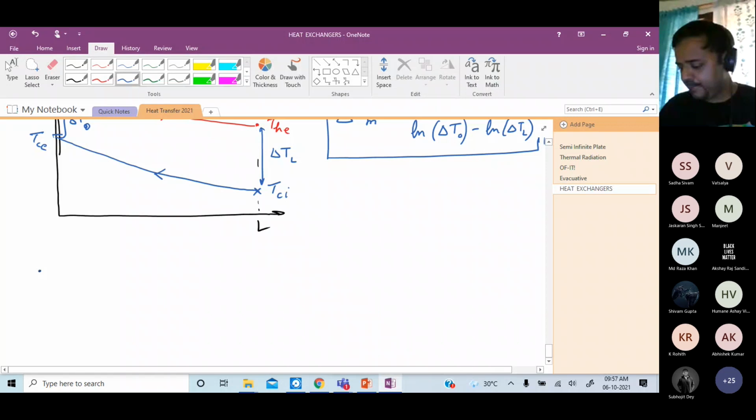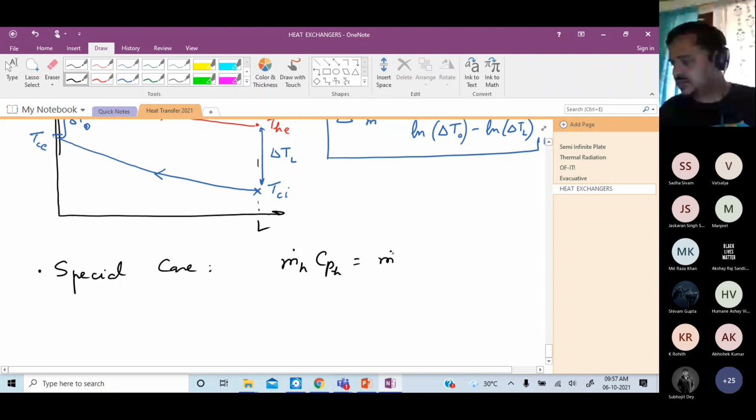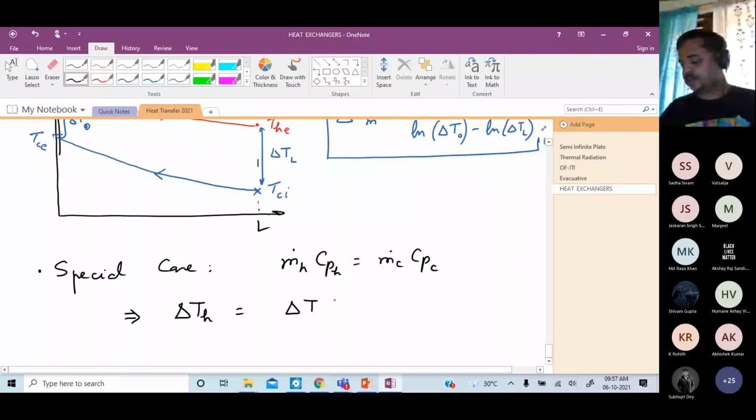We will take a special case. m dot H CPH equals m dot C CPC. If that is the case, what happens? This implies that delta T of H is equal to delta T of C. Okay.